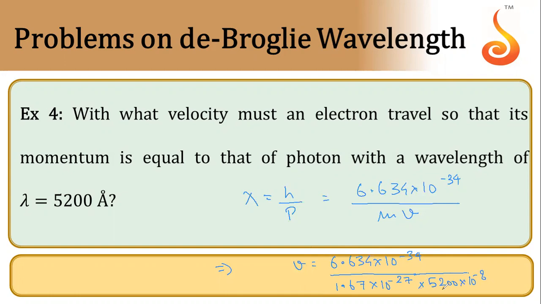So you have to calculate this value. Mass is correct. On solving this, you should be getting the answer as 1.4 into 10 raised to power 3 meter per second.